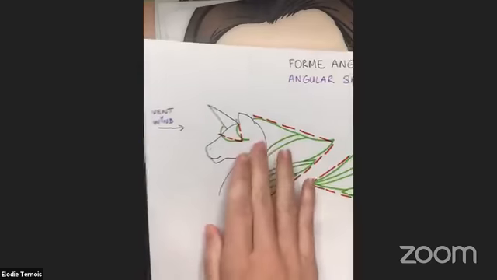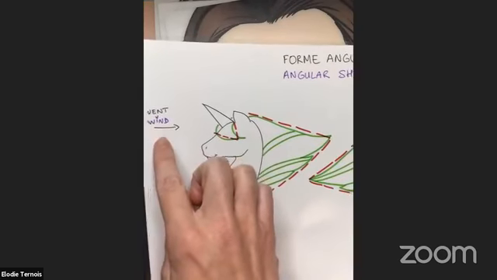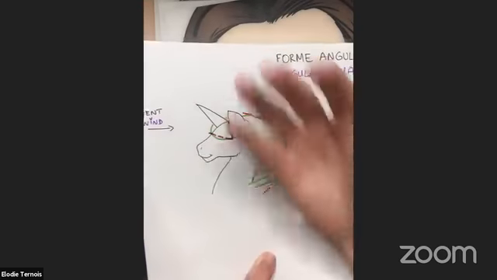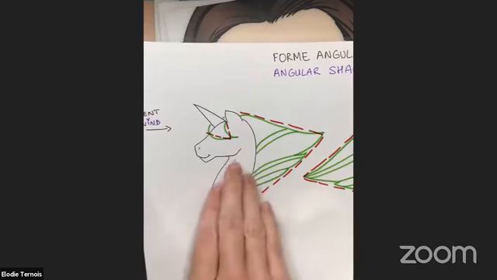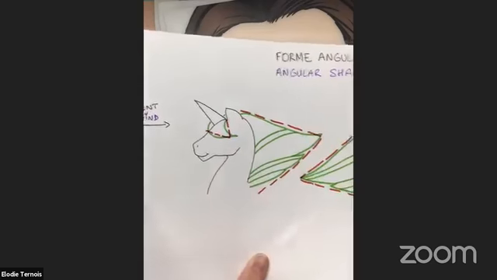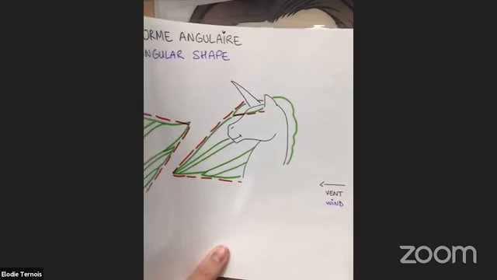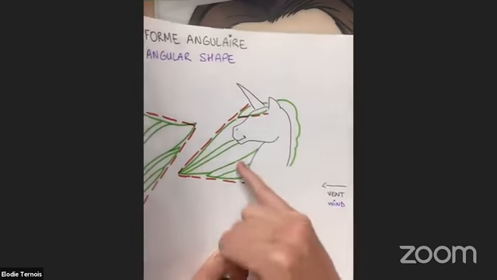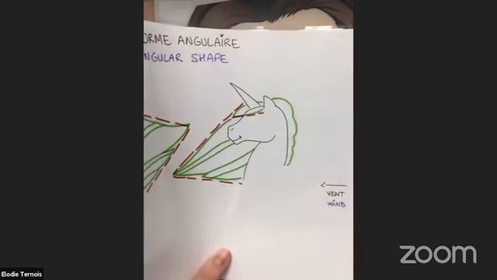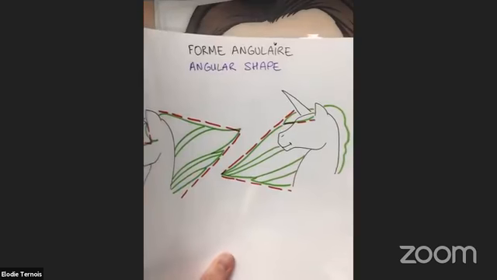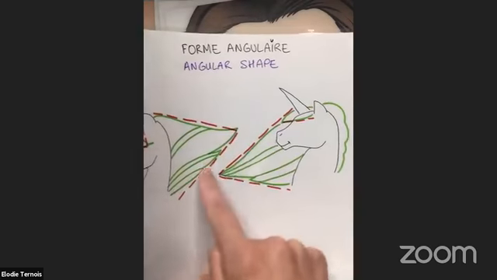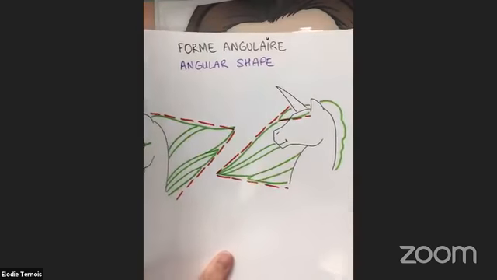The movement depends on the wing. If the wing is in front of the unicorn, the mane is back, and if the wing is behind the unicorn, the mane is in front of the unicorn. So this is my first secret, angular shape for a good shape.